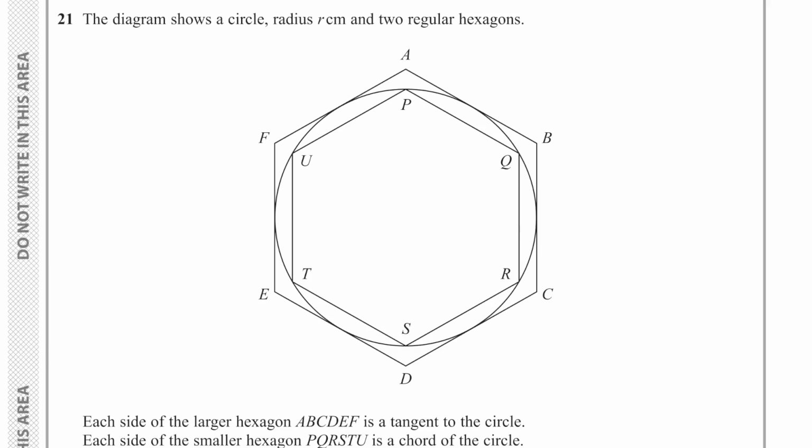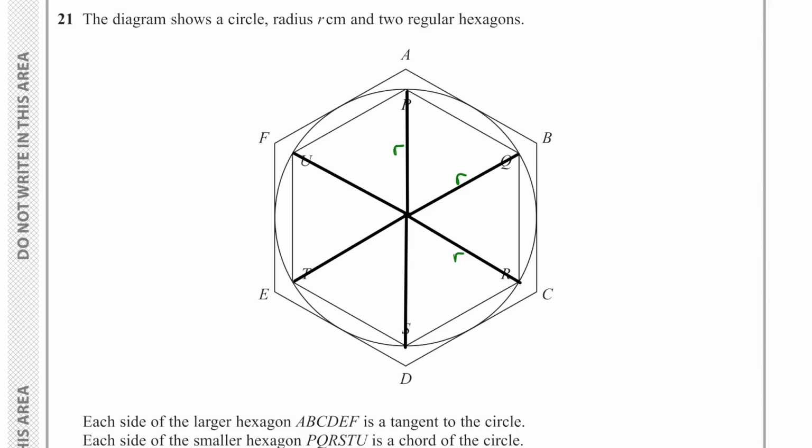Okay, so let's mark on the center of our circle. We know the radius is r. So this is a radius, this is a radius, this is a radius, and so on. So let's call this r. A hexagon can be split into equilateral triangles.